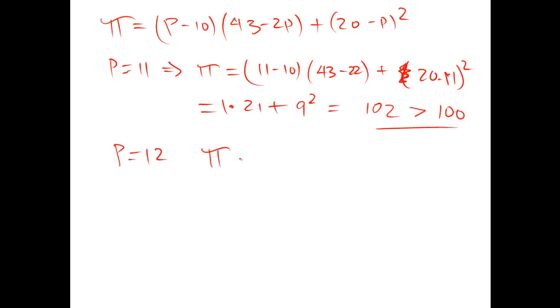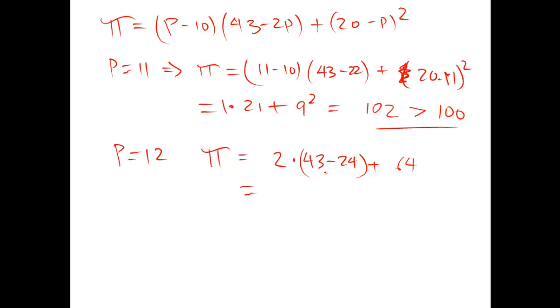Well, then profit equals, now we'll just substitute in here, 12 minus 10 is 2. 43 minus 2 times 12, or 24, is 19. So, well, let's be careful. 43 minus 24 plus 20 minus 12, or 8 squared, and we know that's going to be 64, so let's go back here.